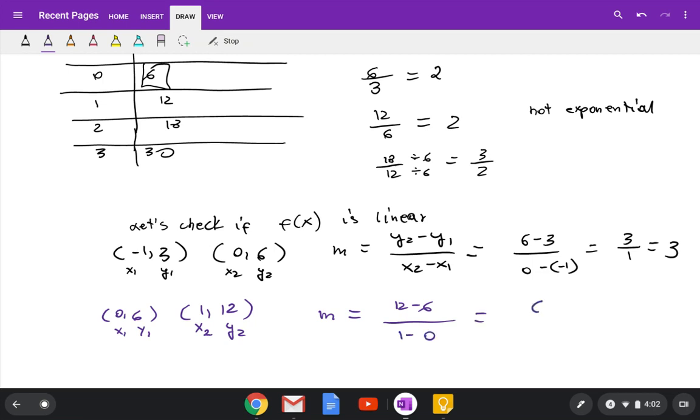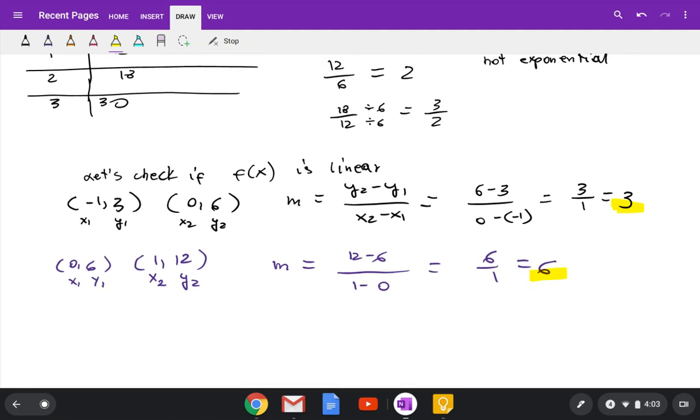So we're getting 6 divided by 1, which is 6. I'm going to stop because, as you see, those slopes are not the same. So there's no point in you continuing to check slopes, since slopes are not the same.